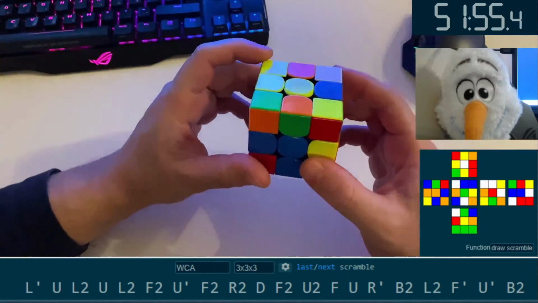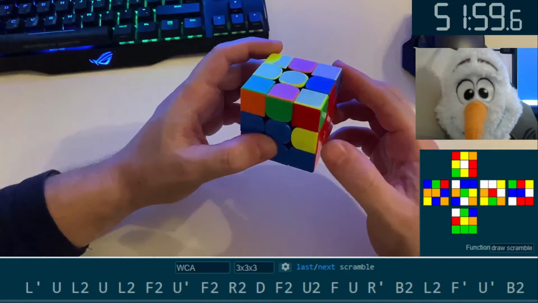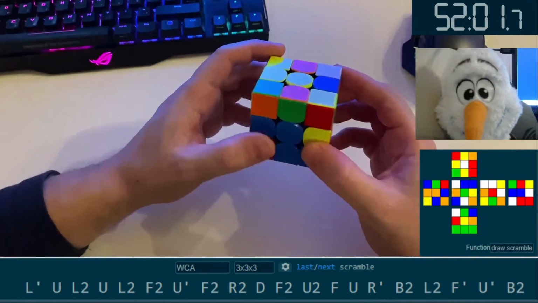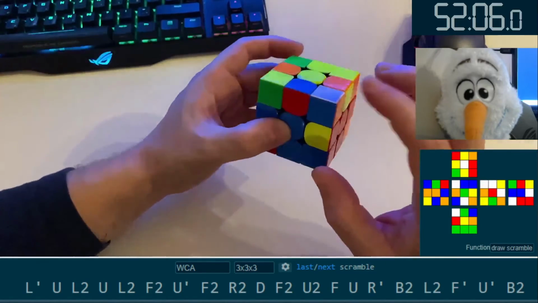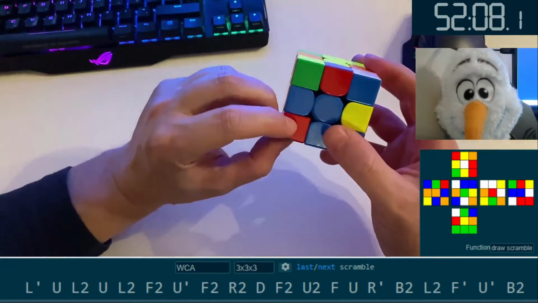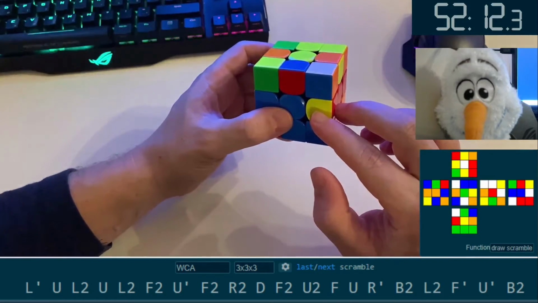let's see. Okay, pseudo slotting. Okay, never did that. This can go right into here, and this can go here.